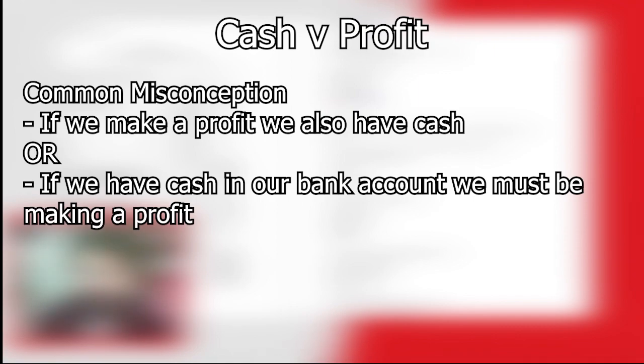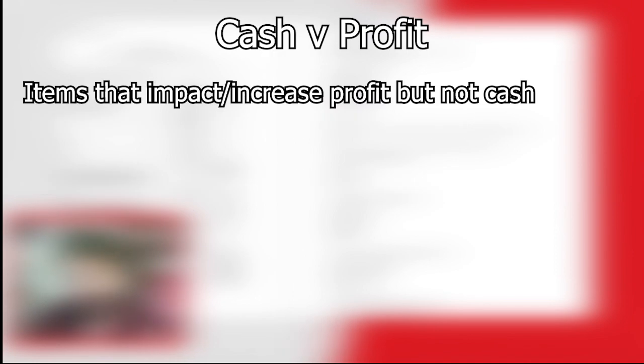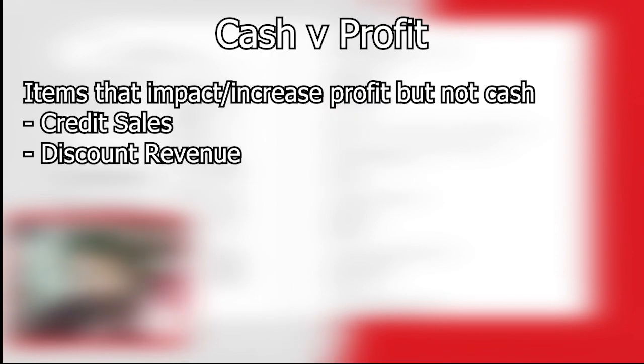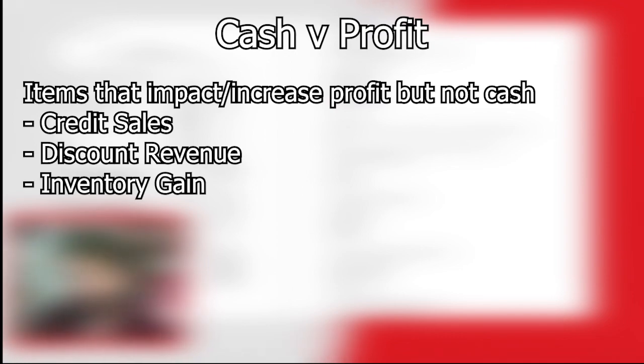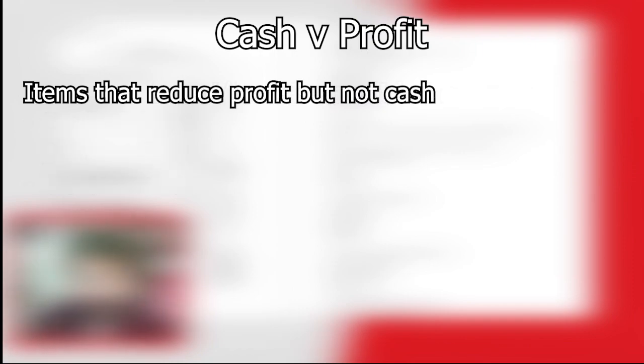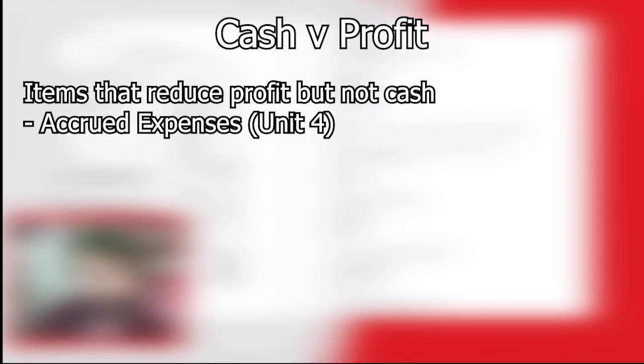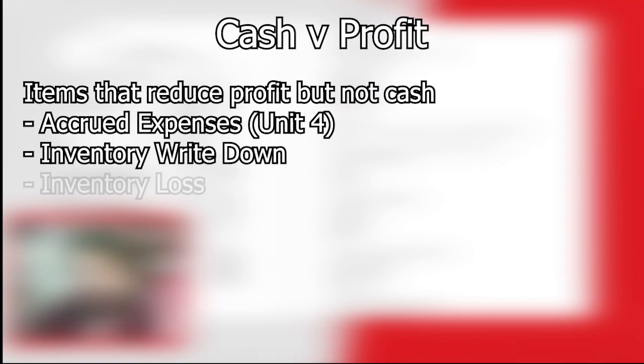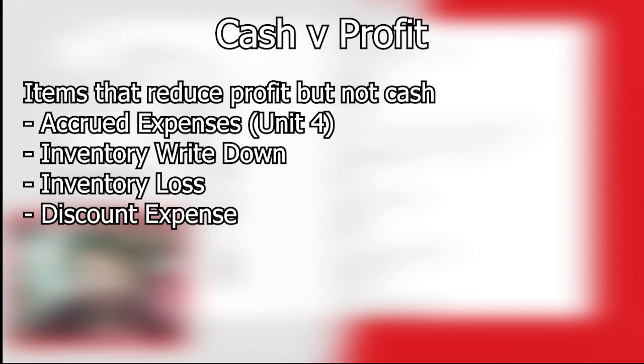So let's go through some items that can increase profit but have no impact on cash. That is stuff like credit sales, discount revenue, inventory gain. Let's also go through items that can reduce profit or be an expense, but don't impact cash. That's accrued expenses, which we look at in Unit 4, inventory write-down, inventory loss, discount expense, cost of sales.